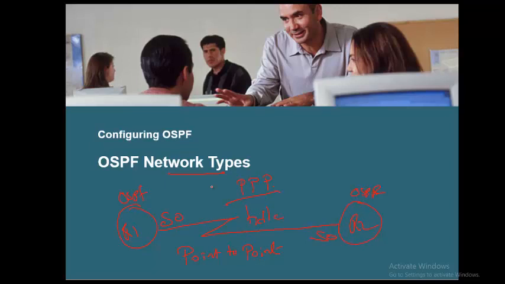The OSPF network type becomes point-to-point. If it is point-to-point, there is no need for DR-BDR election. Only during the adjacency state, you will see master and slave, after which they are all the same. There is no master, there is no slave, there is no DR, there is no BDR.